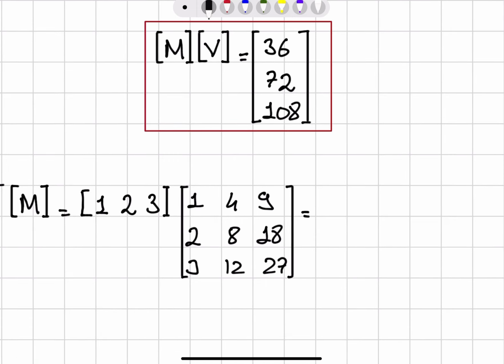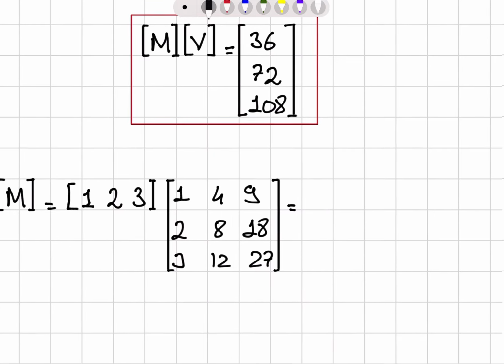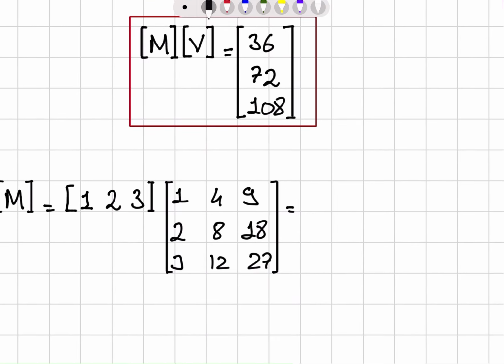So let's perform this multiplication. 1 by 3 times 3 by 3 will give me 1 by 3. So the first element is 1 times 1 plus 2 times 2 plus 3 times 3.